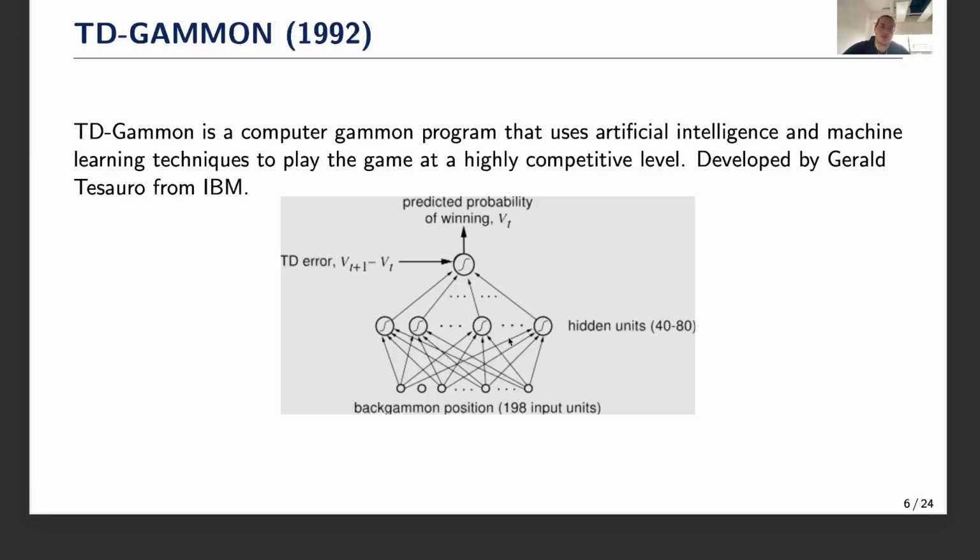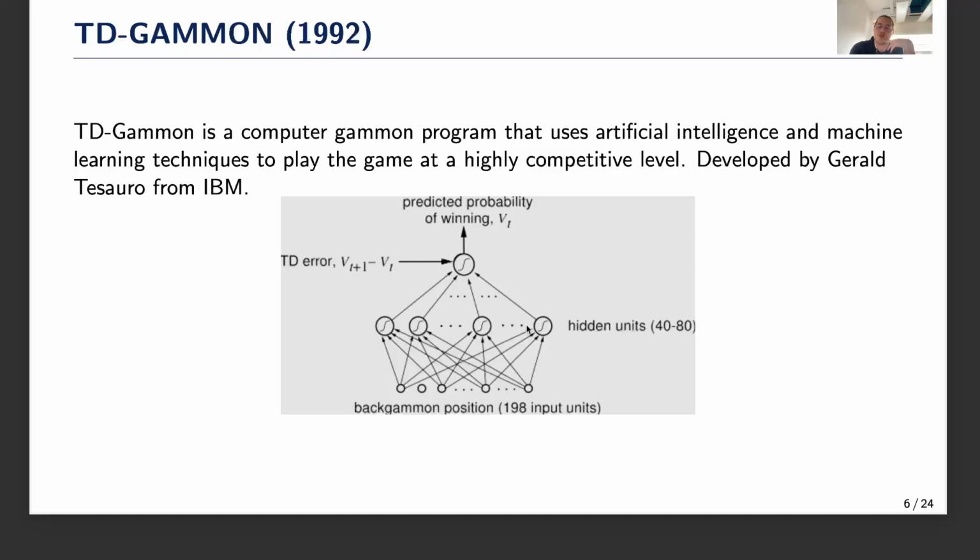And at the top, the output is a single value representing the predicted probability of winning from the current state. So the system uses TD learning to update its weights, and the idea is that the TD error would be the value function on the state s_{t+1} minus the value function on the state s_t.